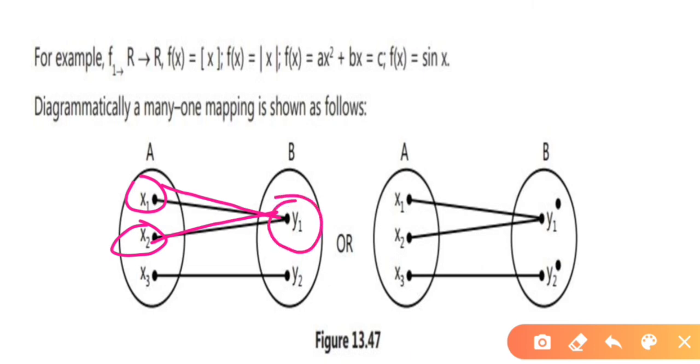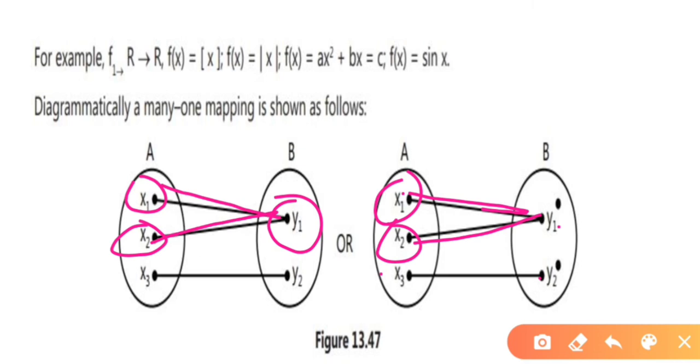Here x1, x2, x3 are the three elements in set A, that is domain set, whereas y1 and y2 are codomain set. Here also x1 and x2, two elements of set A, have the same image in set B.